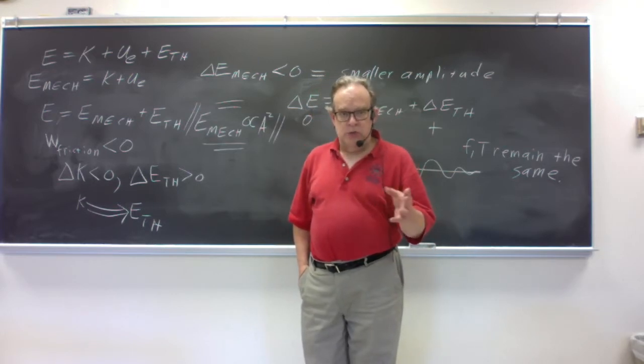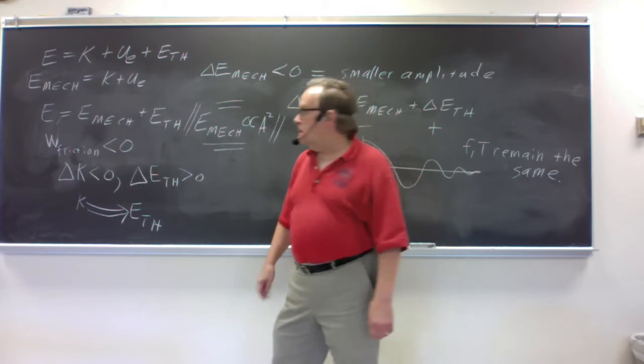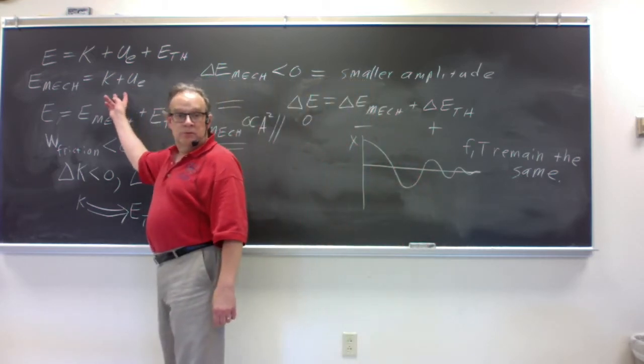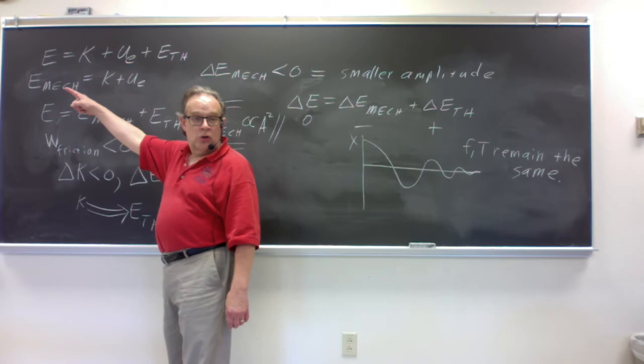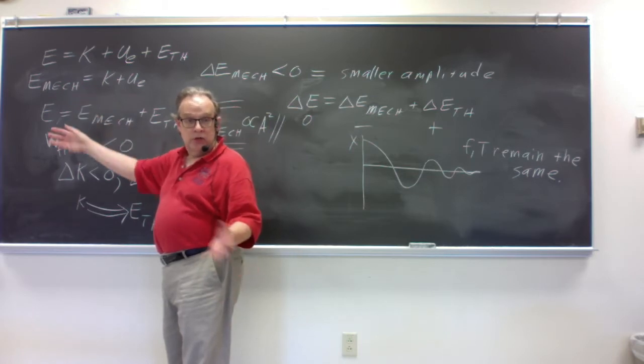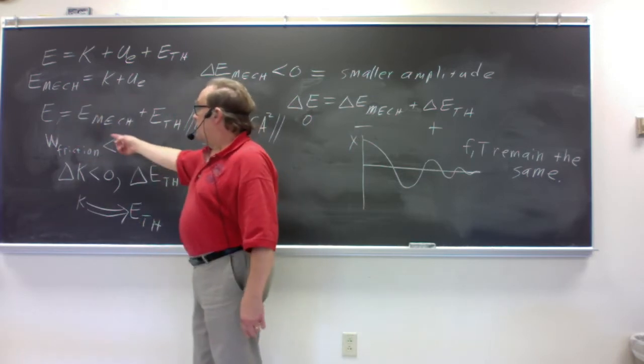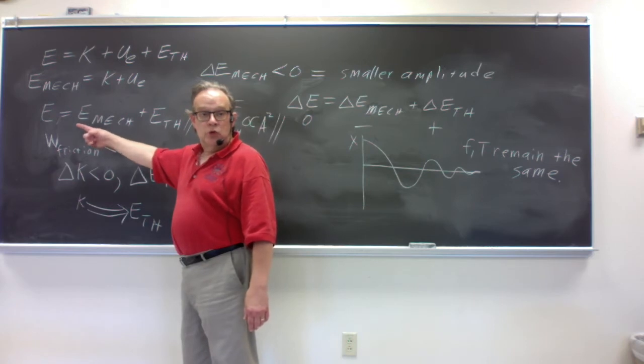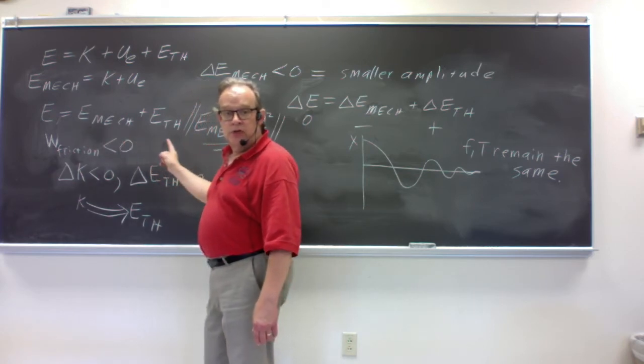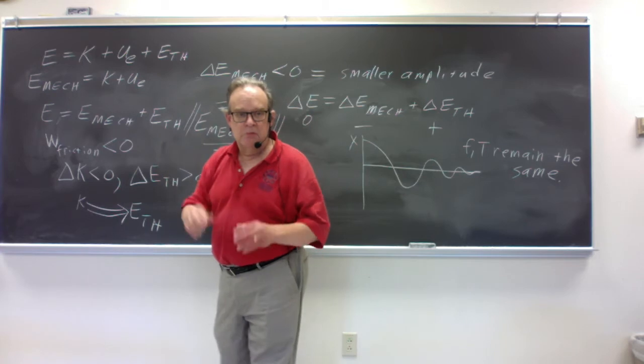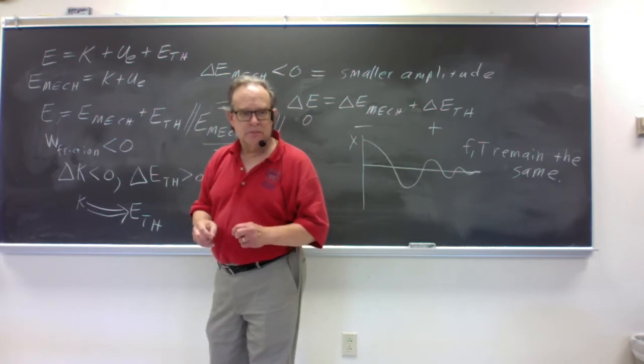And we distinguish between thermal energy and other kinds of energy. The other kinds of energy we can lump together and call mechanical energy, so that you can think of the total energy of the system as mechanical energy plus thermal energy, non-mechanical energy.